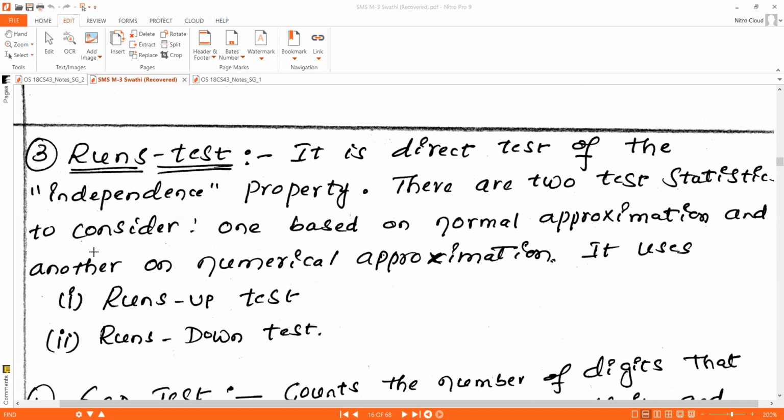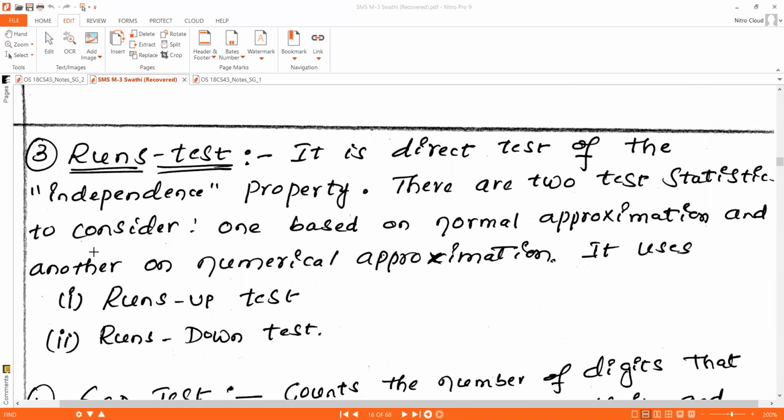There are two test statistics to consider here: one is based on the normal approximation, the other on the numerical approximation. That's what we need to remember here.